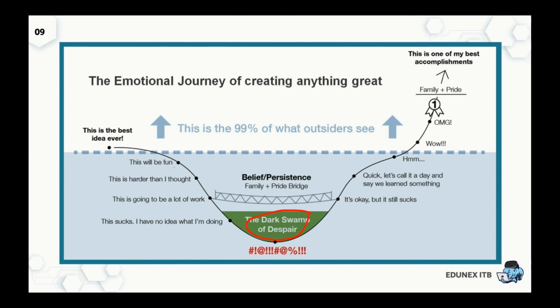Then we have an idea, and we say, let's call it a day, and we learned something. Then we finally come up with the accomplishment. Then we say, wow, this is what we can do. So this is the emotional journey of creating a great product or service.